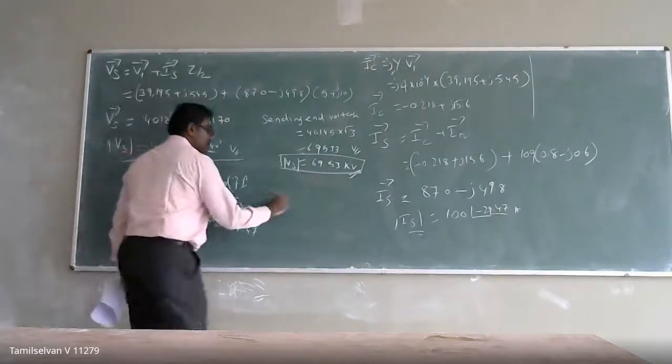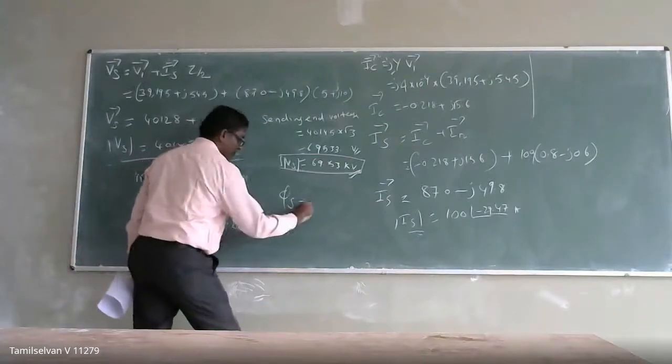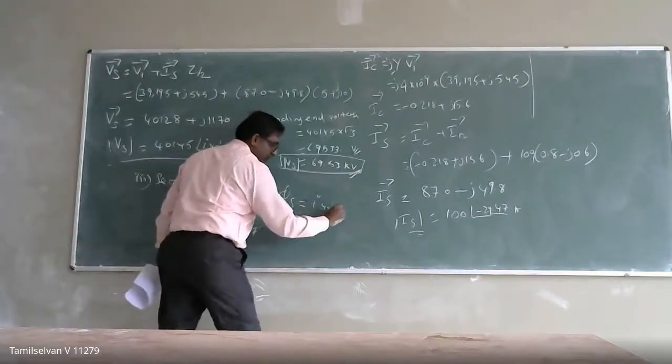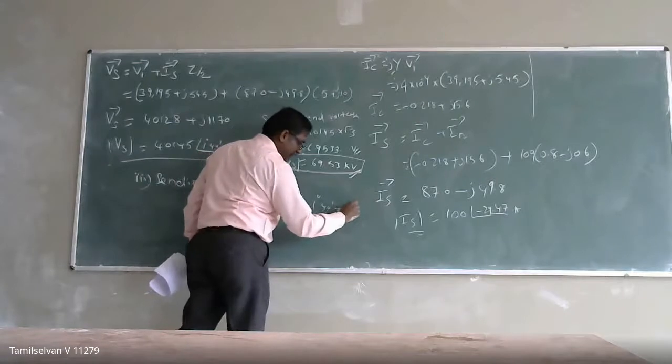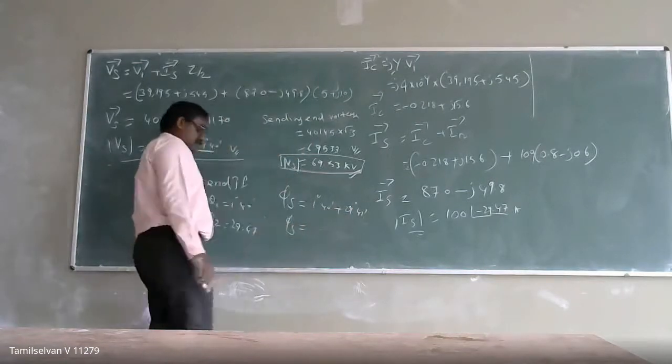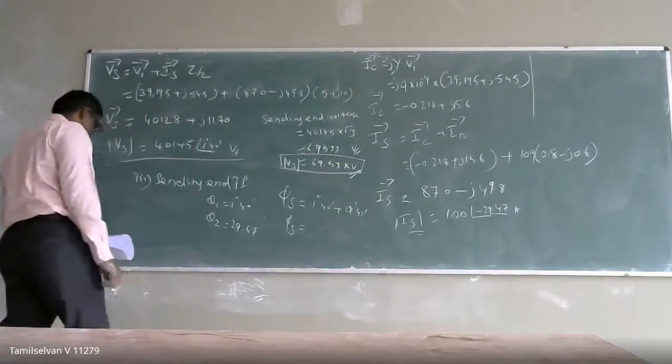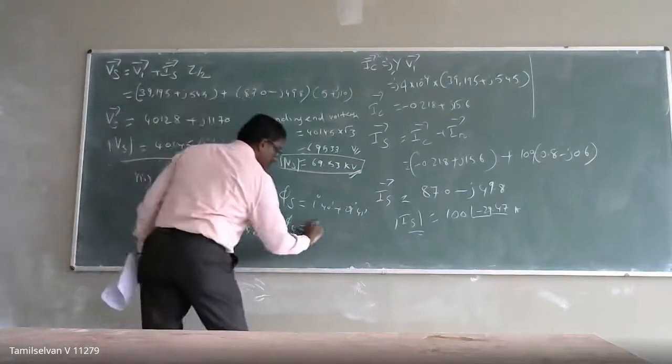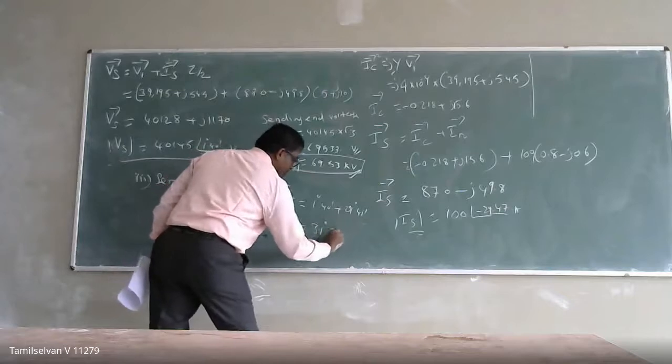So my phi s will be equal to 1 degree 40 minutes plus 29 degree 47 minutes. If you add, you will get 31 degree 27 minutes.